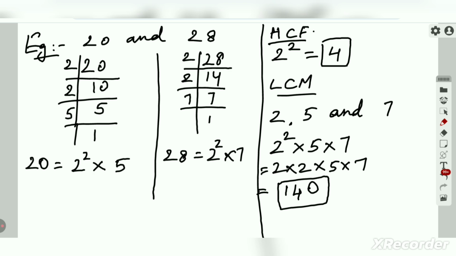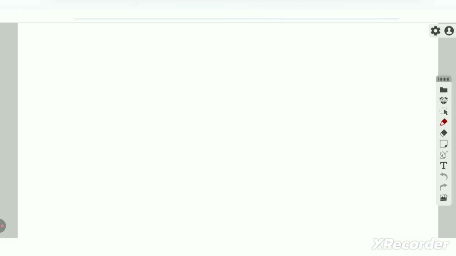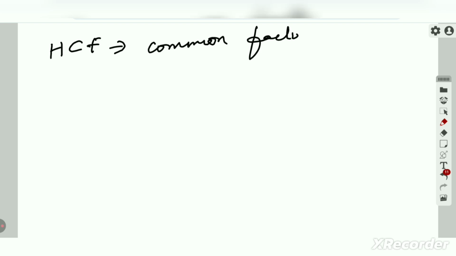So always you need to remember what HCF is. It will take only the common factors, and the lowest power. HCF: lowest power.